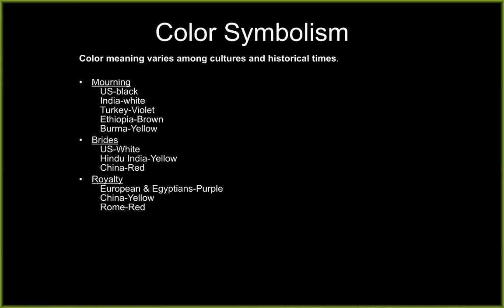So we think of black as the color of mourning in the United States, but that is certainly not the universal color of mourning, as you can see here. Same with brides, same with royalty, and on and on and on. So be aware of your audience and who you're designing for, and use that knowledge, do a little research, and then use that when you're choosing colors.